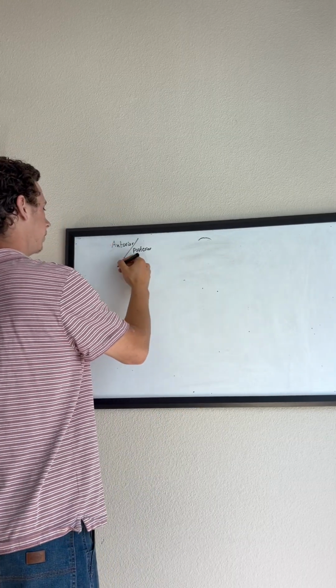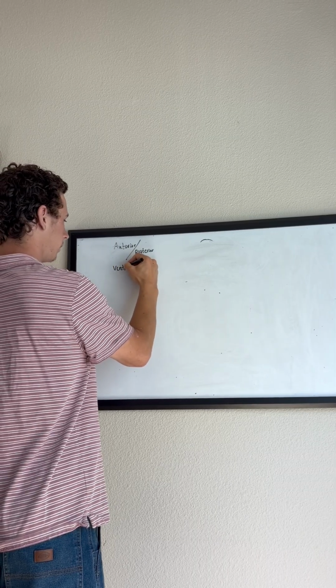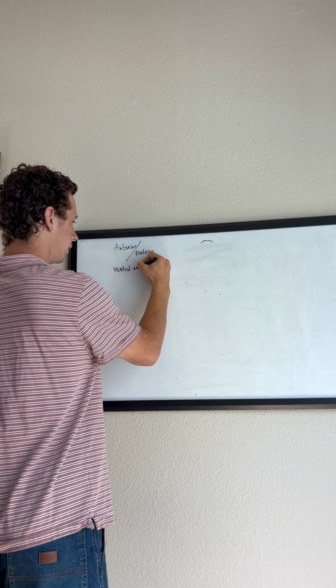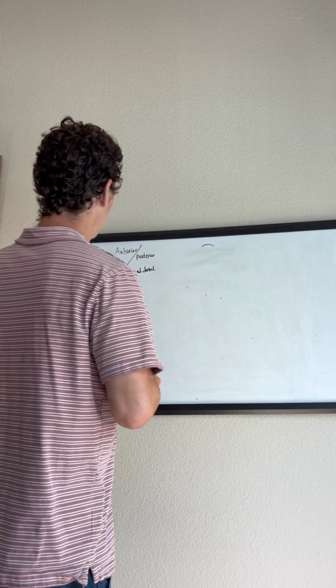Now we'll do ventral and dorsal. Ventral in anatomical position is all of this, and dorsal is your back. It's kind of like anterior and posterior.